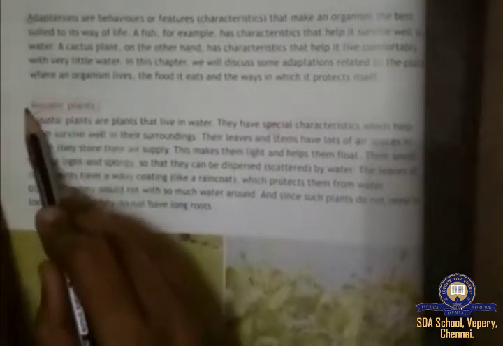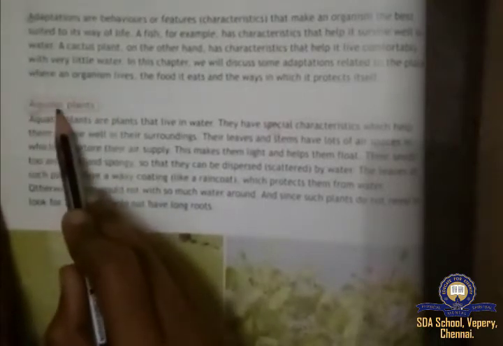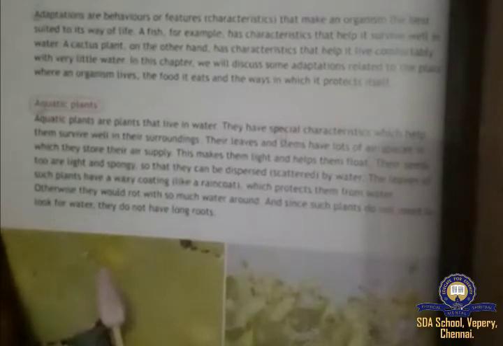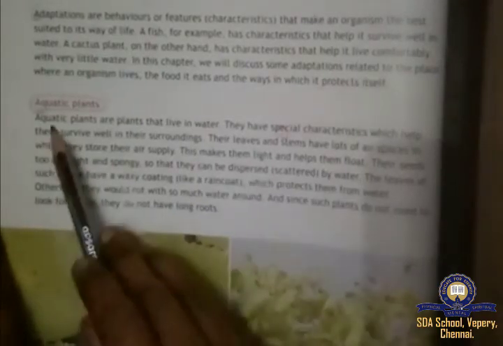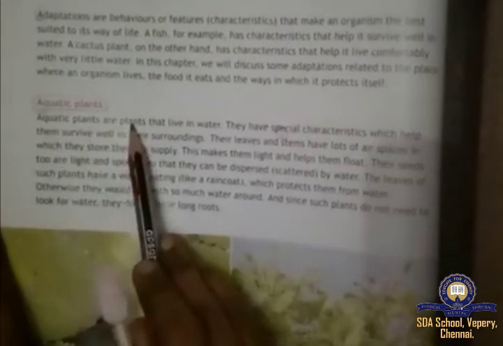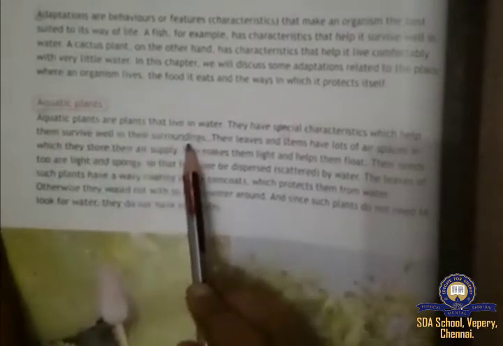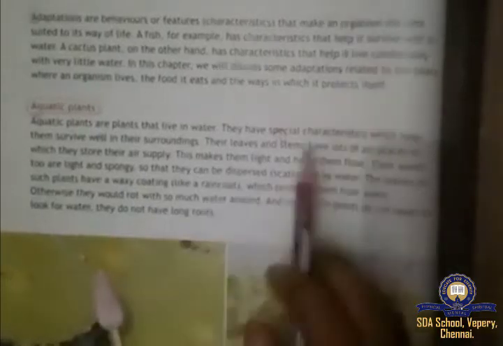Aquatic plants. AQUATIC, aquatic plants. What is meant by aquatic? Aquatic means related to water. See, aquatic plants means the plants that live in water.